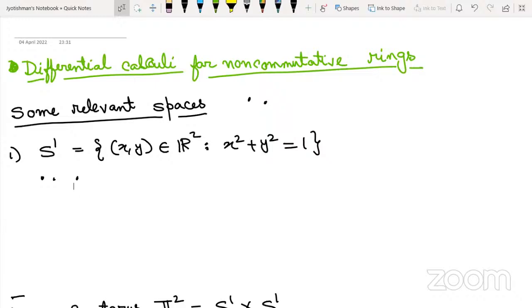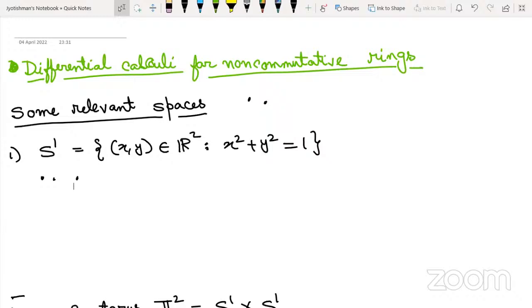It's been really nice staying here. So our goal today is quite modest. We will try to understand what it means to be a geometric data for a non-commutative ring.